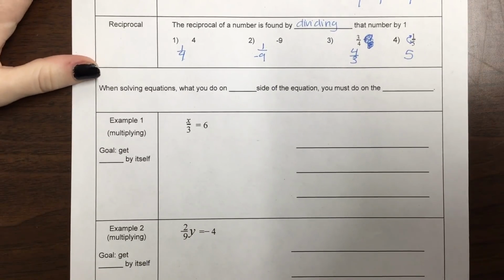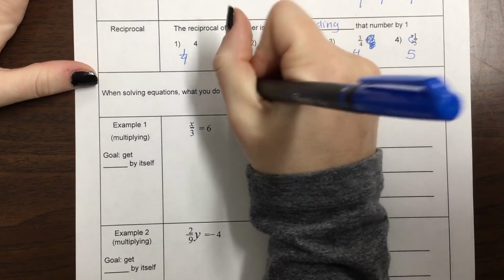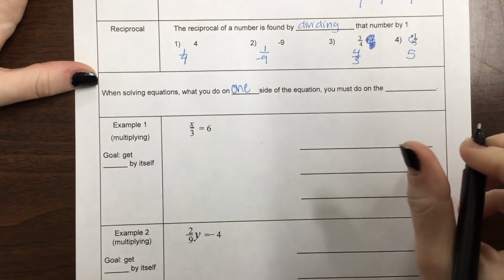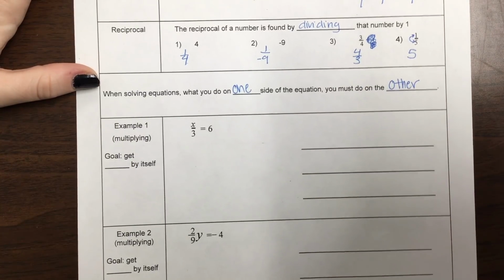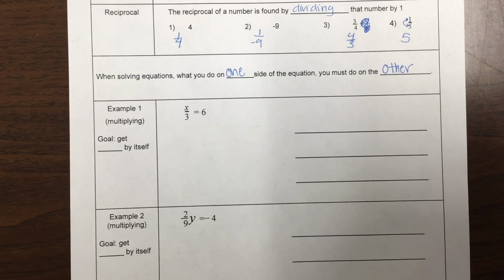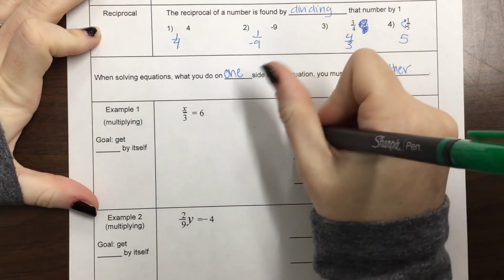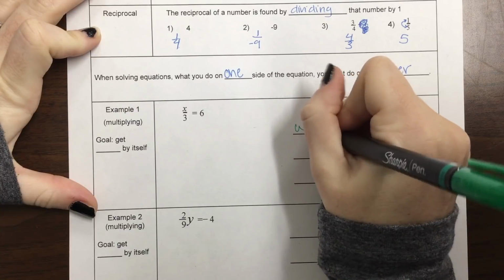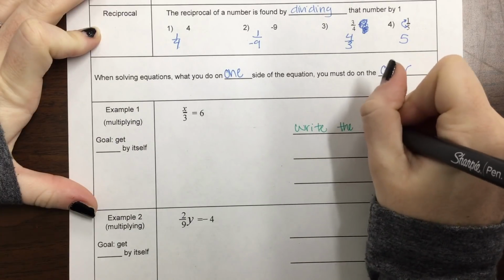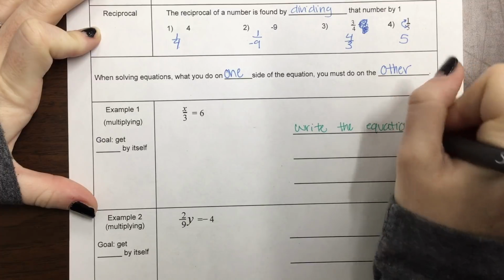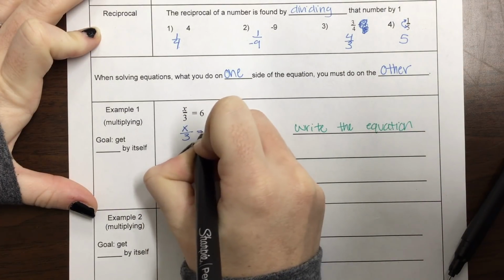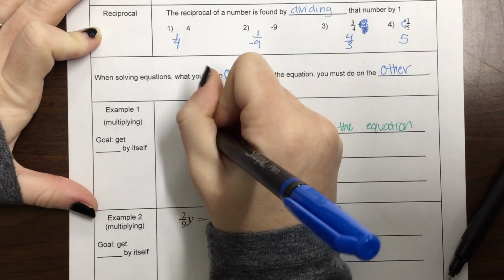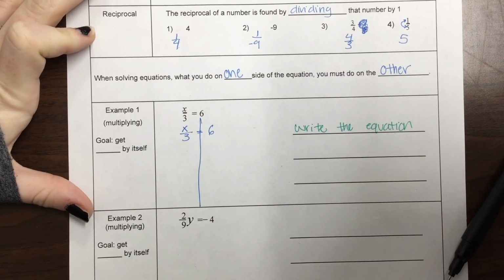So when we're solving equations, again, what you do on one side of the equation, you must do on the other. So our first step is we're going to write the equation. X divided by 3 is 6. And draw the line through the equal sign.